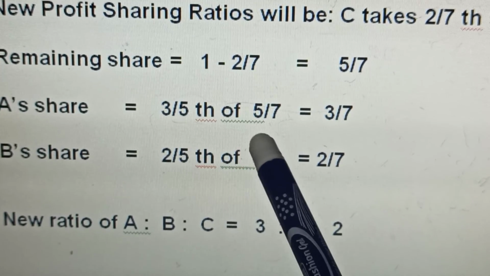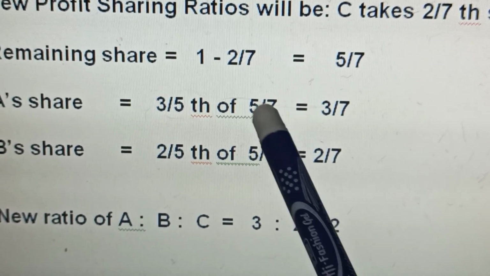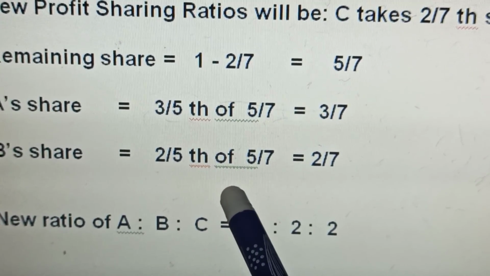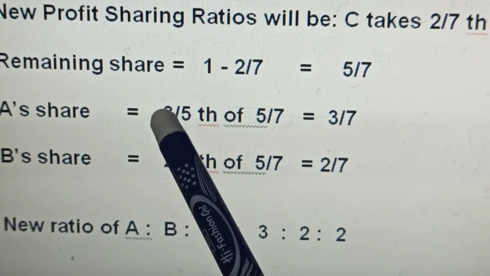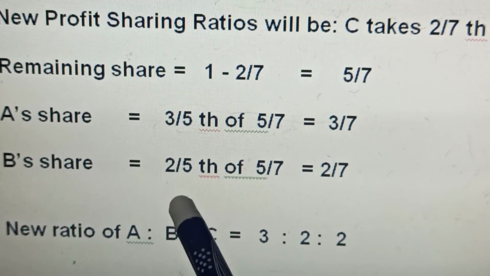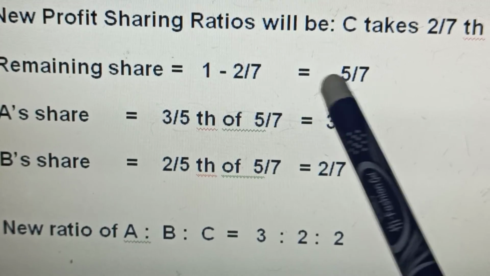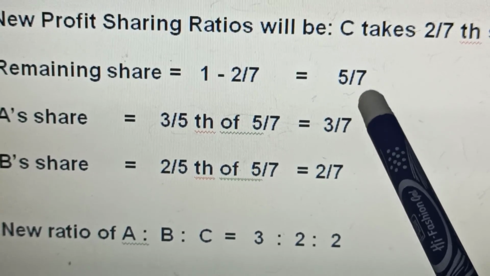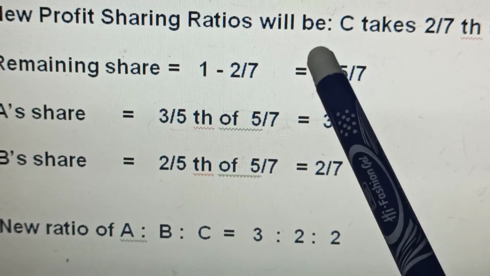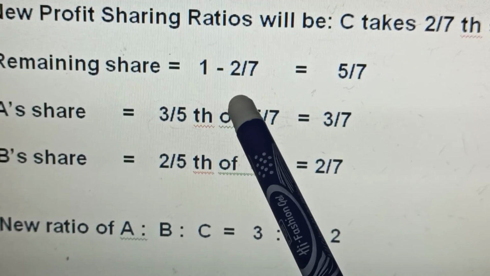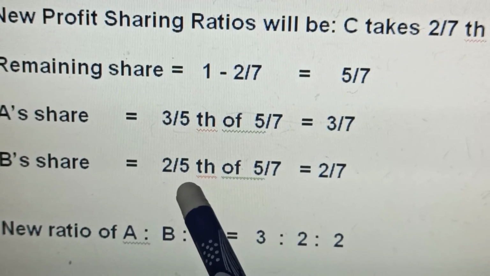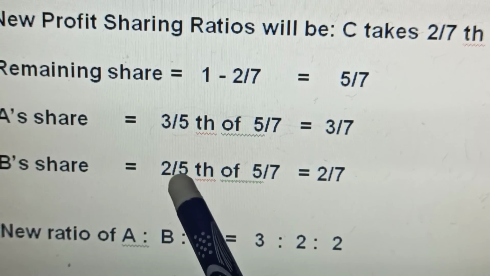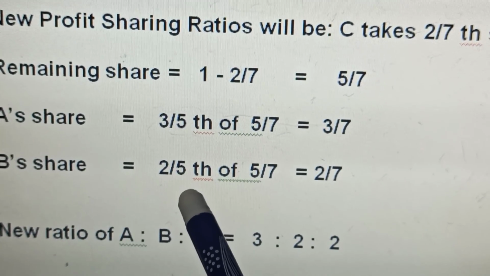Nothing else is mentioned. We have discussed, girls, before, when nothing else is mentioned about the new ratio, the old ratio is equal to the new ratio among the old partners. But the share of profit now will be the share left after giving the share to the new partner. The ratio of distribution of profits remains the same, that is 3/5, 2/5.